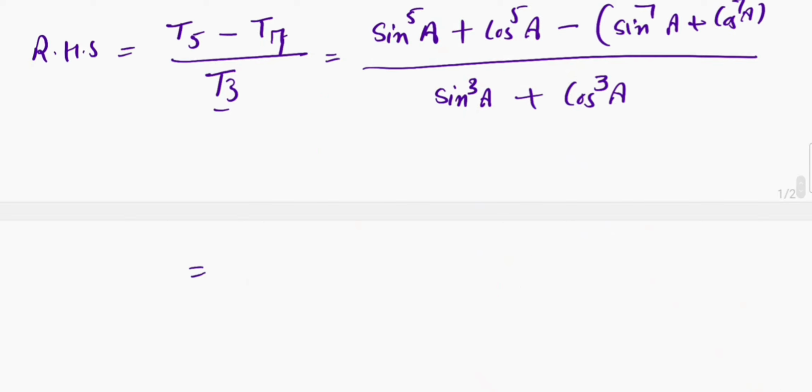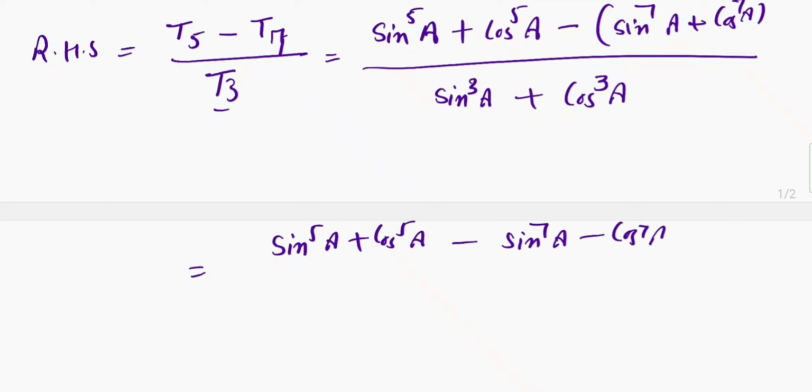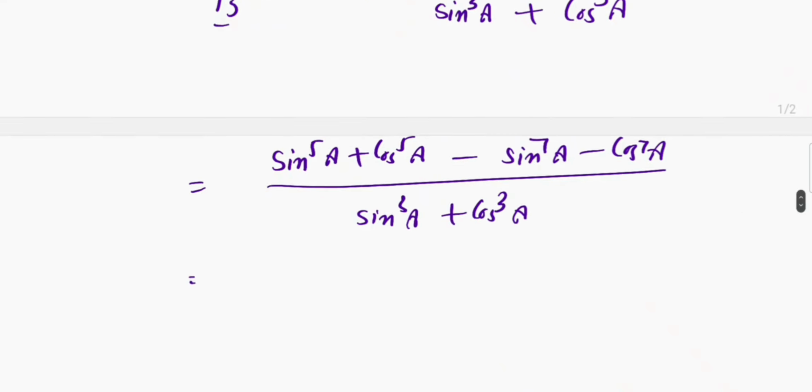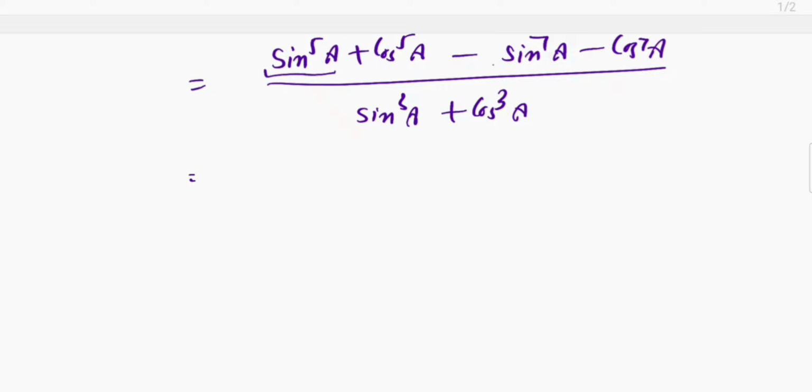So next this will become equal to sin raised to power 5A plus cos raised to power 5A minus sin raised to power 7A minus cos raised to power 7A divided by sin cube A plus cos cube A, which is equal to, so I'll take sin terms together.